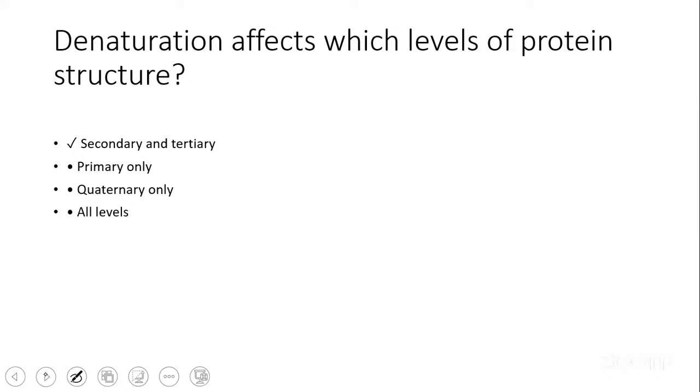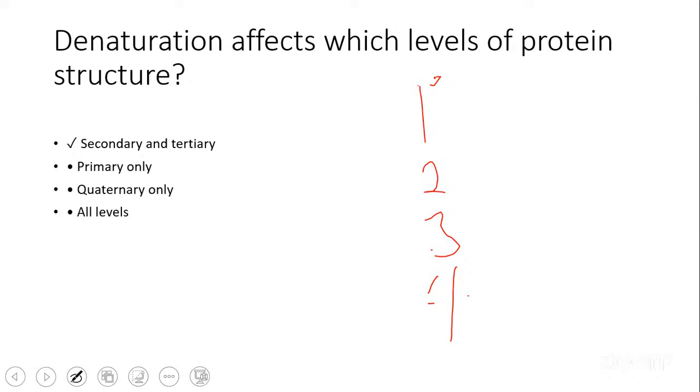Denaturation affects which levels of protein structure? There are four levels of protein structure. One is primary structure. It cannot be denatured. It's the original way of representing just the sequence of the amino acids.